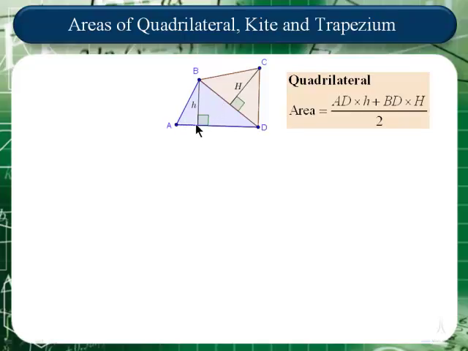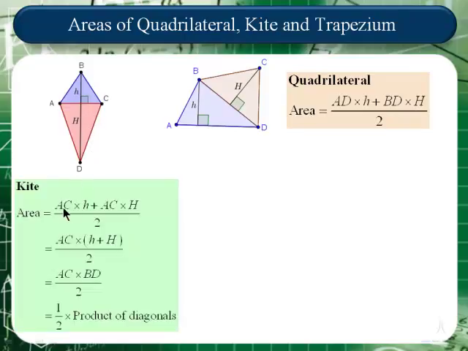Remember, the area of a triangle is half base times height, so the blue one is half AD times small h, and the other one is half BD times capital H, and if you put it together, this will be the formula.